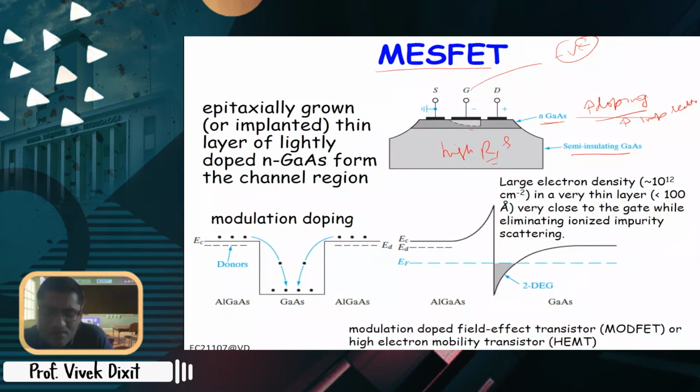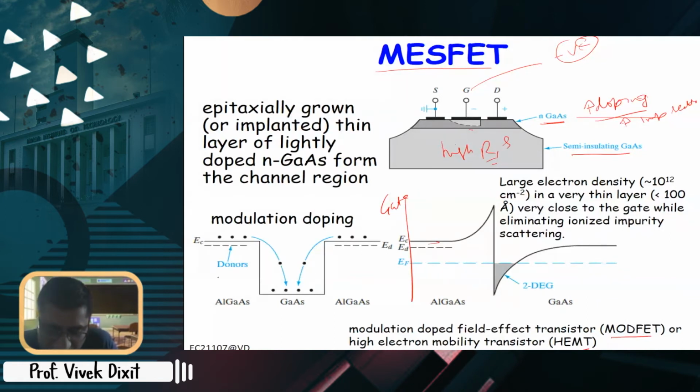So people use a variation of this type of field effect transistor. They call it modulation doped or high electron mobility transistor. Now what is done here? Instead of using a simple layer like this, a heterostructure is used. So let's say this may be your contact, this may be your gate, and you have this high band gap material and a low band gap material.